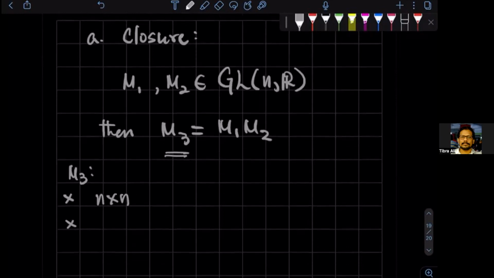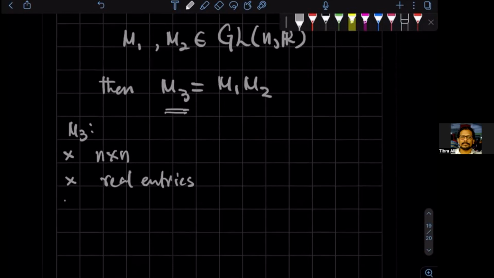What are the entries? Are they real numbers or not? Yes, real numbers. Now the more interesting one is, what about its determinant?